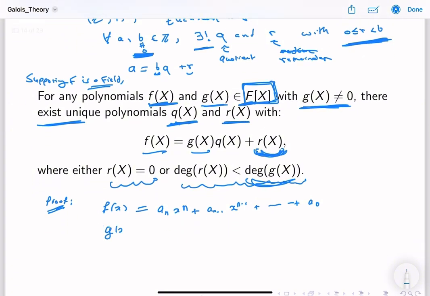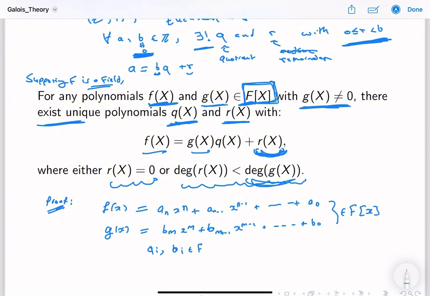And we have the other polynomial g of x, which we write as b_m x^m plus b_{m-1} x^{m-1} plus dot dot dot plus b_0. Both of these are polynomials in the ring F[x], which means the coefficients, the a_i's and the b_i's, are actually in the field F.